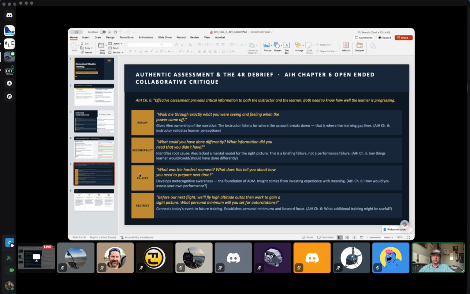I really like the 4R debrief idea: replay it, reconstruct it, reflect on it, redirect it, and put a lot of ownership back into the student's mentality to help prepare them to build from that experience and become more proficient.